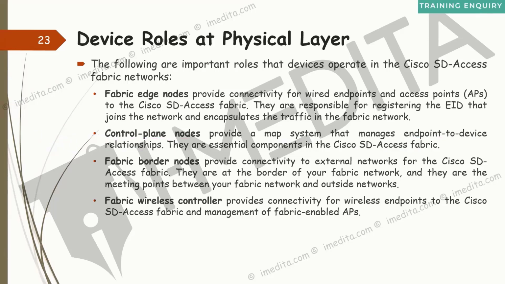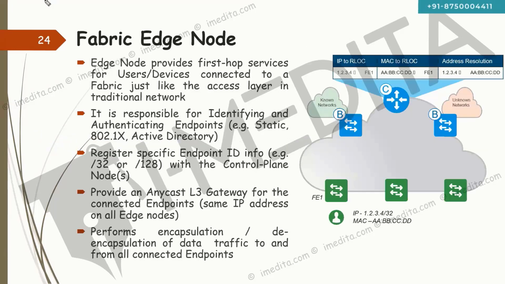Okay, what is fabric edge node? Fabric edge node provides first hop services for the users connected to the fabric, just like the access layer switch in the traditional network. Fabric edge nodes act as the default gateway for the end users.